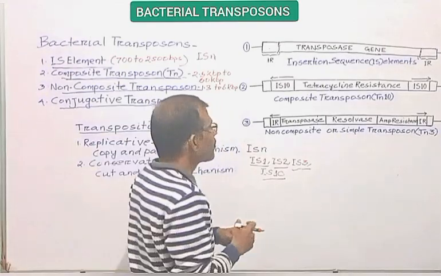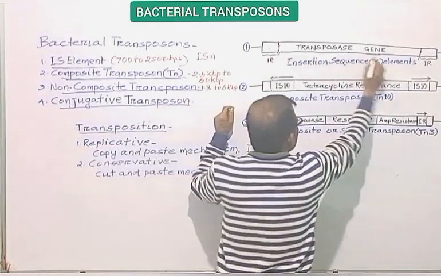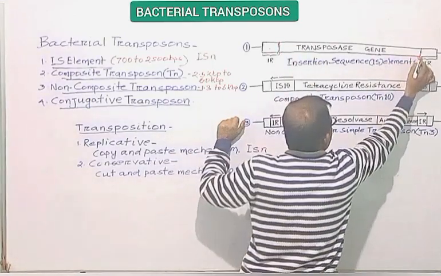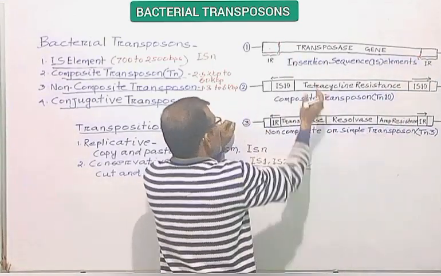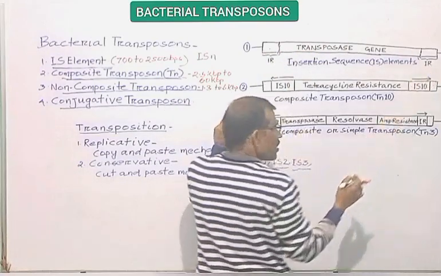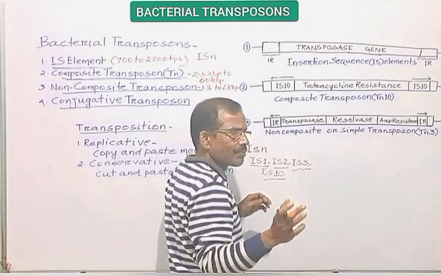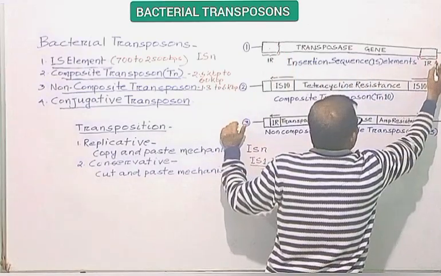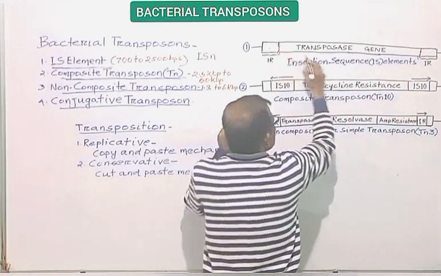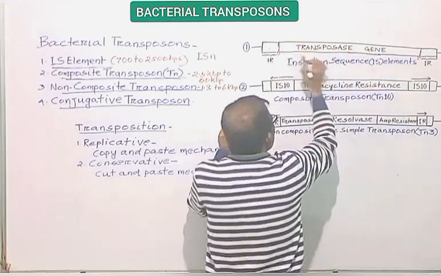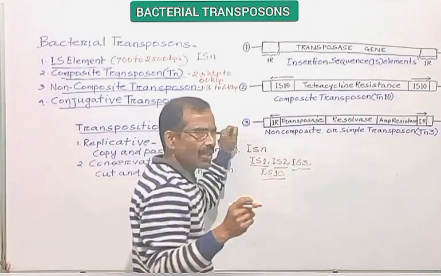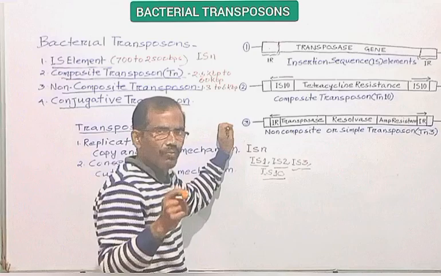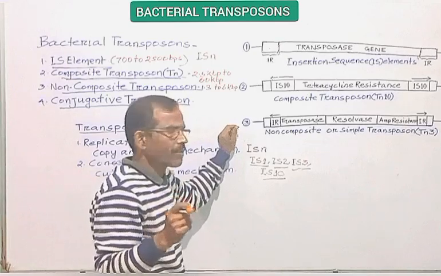Regarding structure, each insertion sequence consists of a central coding region which is flanked on either side by short inverted repeats. These are the 2 inverted repeats, and this is the coding region which contains the gene for the protein transposase, which is involved in transposition.